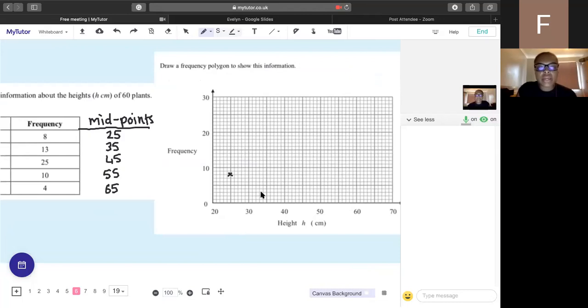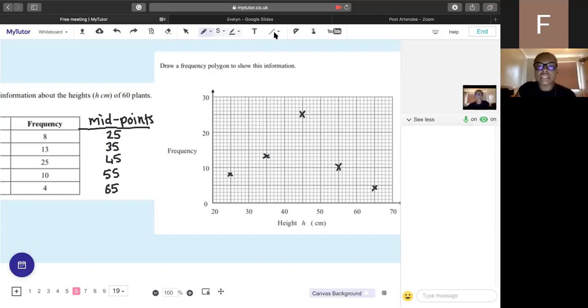Then we've got 35 and 13, so that's over here. Then 45 and 25, which would be up here. Then we've got 55 and 10, so that would go here. And 65 and 4, so that would go here.